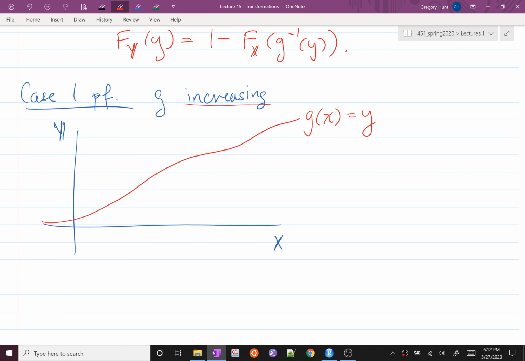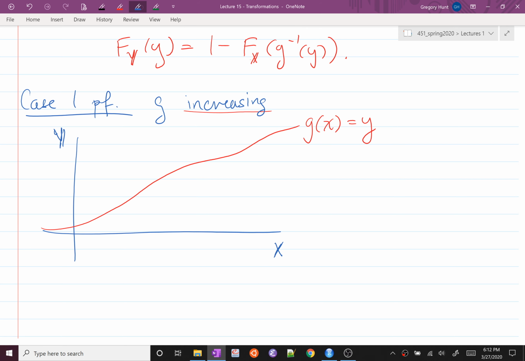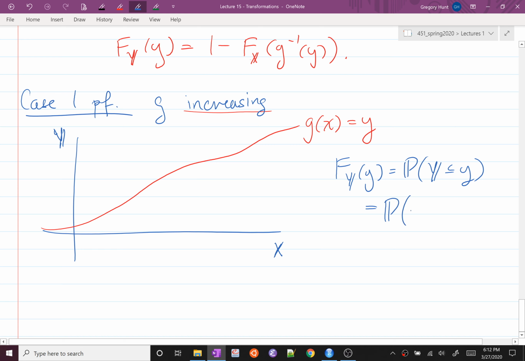And if I want to look at F of Y at little y, it is the probability that my random variable Y is less than or equal to little y. Or I could write it as the probability that random variable Y is in this interval negative infinity to little y. If I mark that value little y on my y-axis, and I look at the set of all things less than or equal to that, that would give me that set.